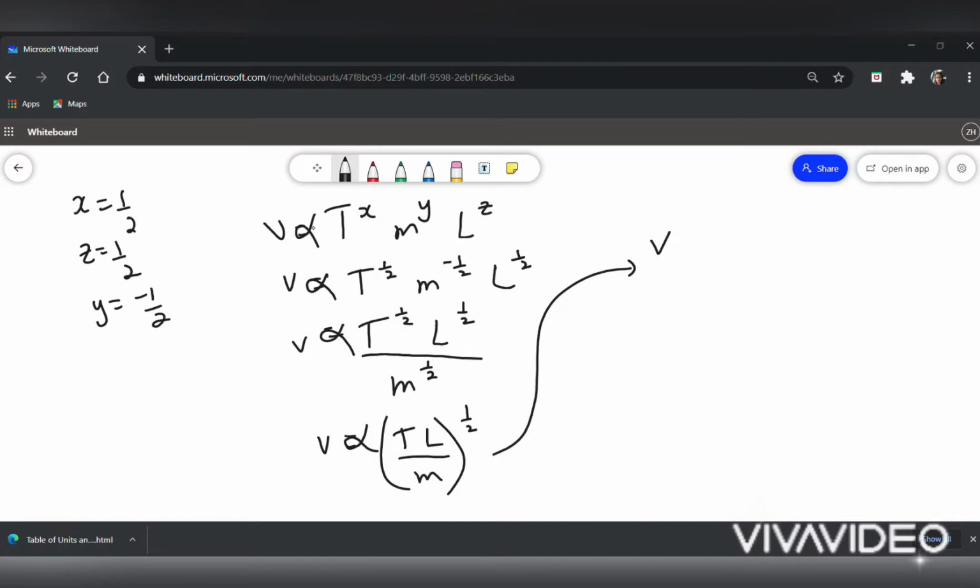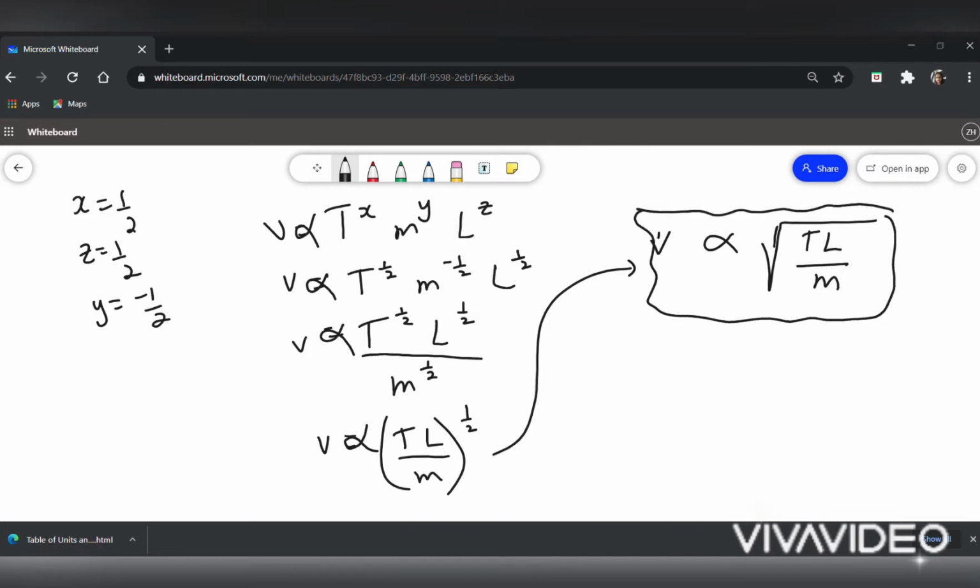So v therefore is directly proportional to the square root, one big square root sign, tension by the length over mass. This is our equation. We have just used our values that we found for x, y, and z to recreate a simpler form of our equation. And that is one of the examples that we are going to meet.